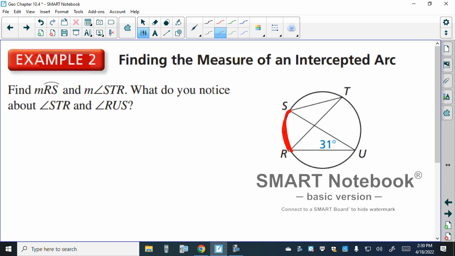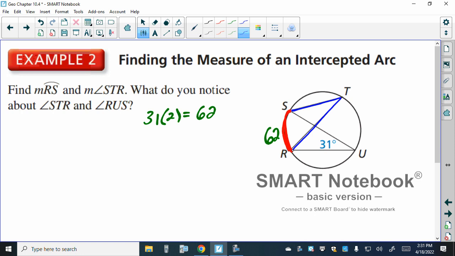It's an arc, yes? Now, if we work this through, 31 is the inscribed angle for arc RS, yes? So to get to it, we would take 31 and do what to it? We take 31 times 2, which is 62. So that's the measure of the arc. Now, the other one it asked for was STR.